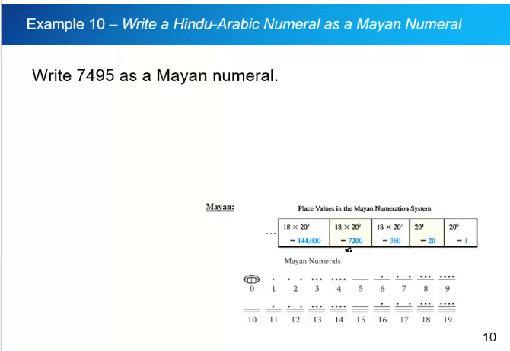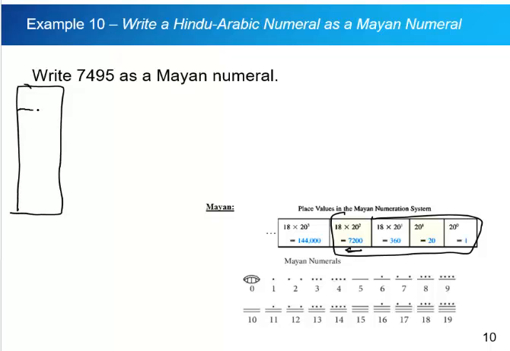And so it's this guy, meaning we're going to have 4 places. So I might as well write them on the side, and also write what they mean so I remember where these things go.